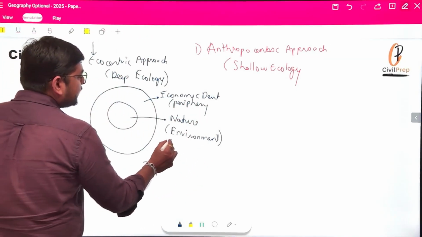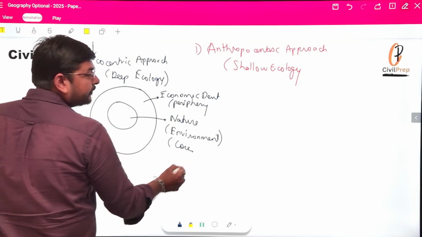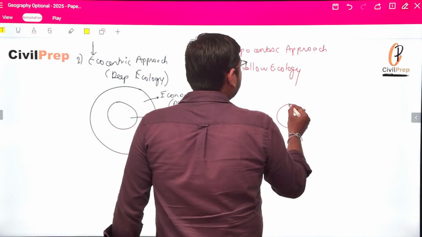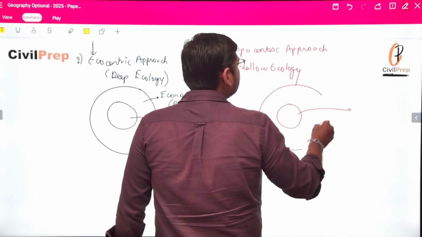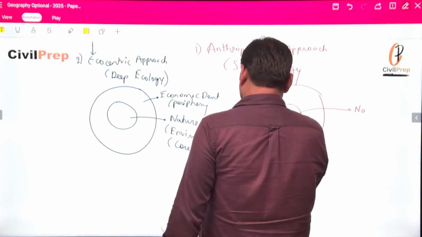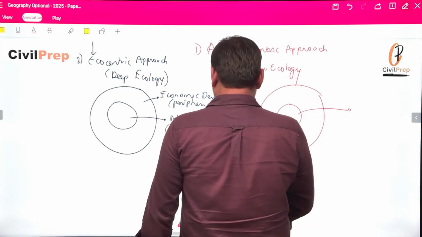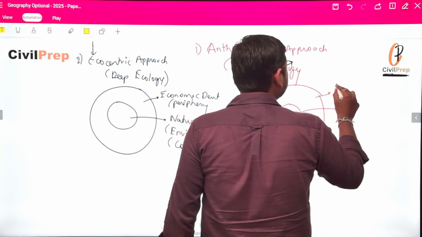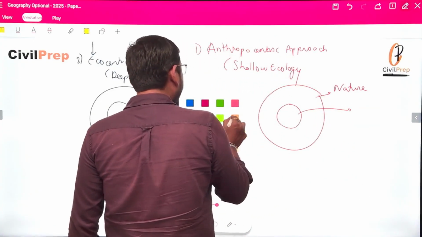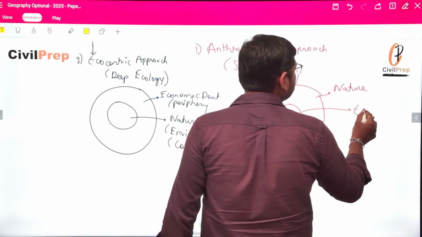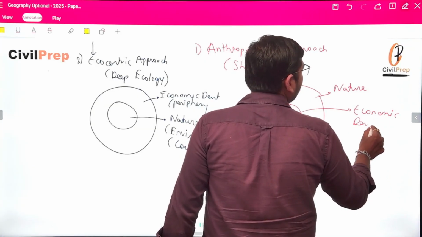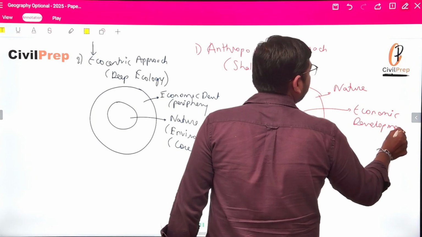In the other approach, nature is kept at the periphery, and economic development is kept at the center.